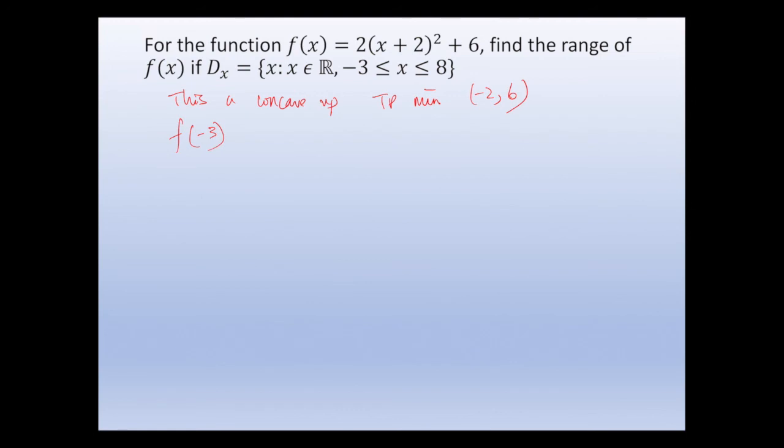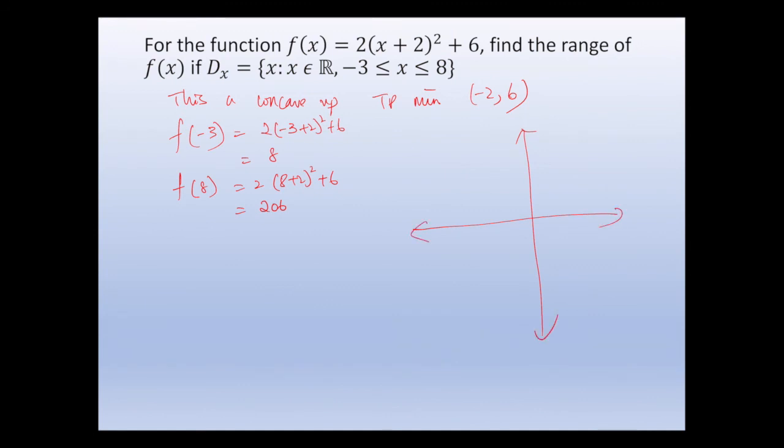So let's go for the minimum of x, which is f(-3), 2 times (-3 plus 2) squared plus 6. That's 2 times minus 1 squared, 2 plus 6 is 8. F of 8 is 2 times (8 plus 2) squared plus 6. 8 plus 2 is 10, 10 squared is 100, 2 times 100 is 200, and 200 plus 6 is 206.